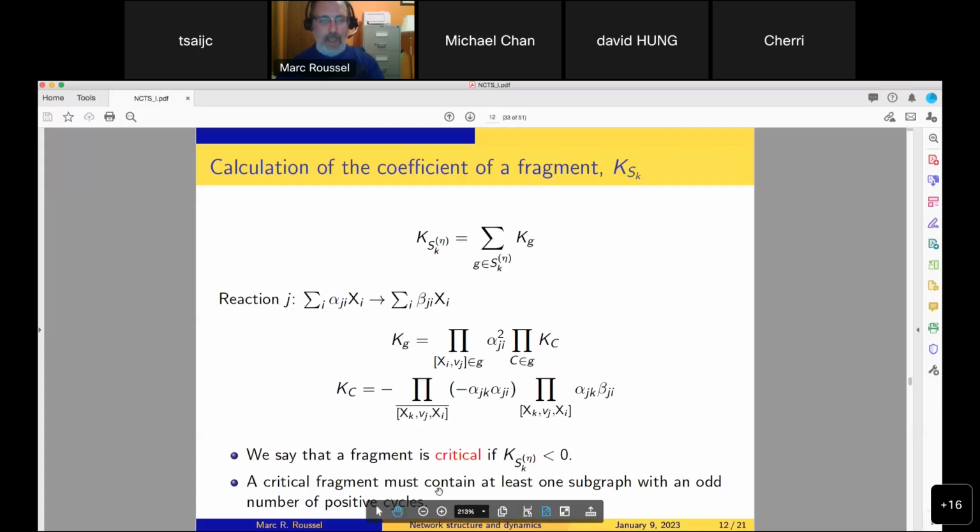So to have a critical fragment, you need at least one subgraph with an odd number of positive cycles. If you have an even number of positive cycles, their negative signs will cancel. So you need an odd number of positive cycles: 1, 3, 5, whatever it turns out to be. That's a necessary but not sufficient condition, obviously.